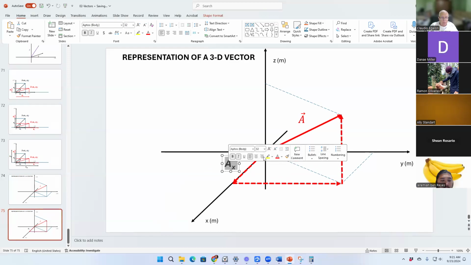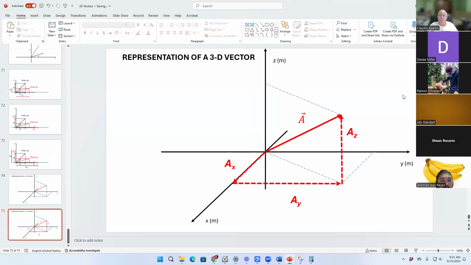AX, AY, component X, component Y, component Z. Try to practice doing those 3D drawings.